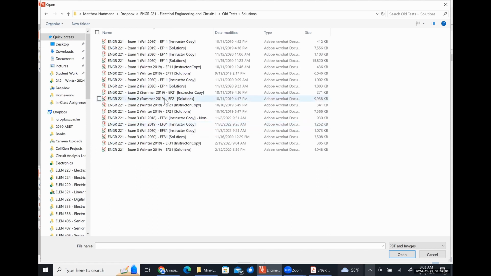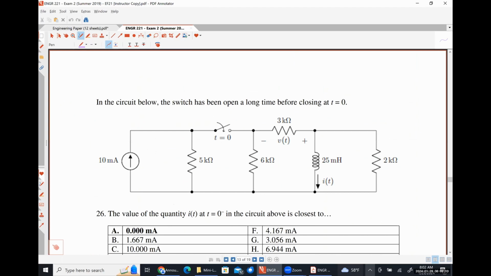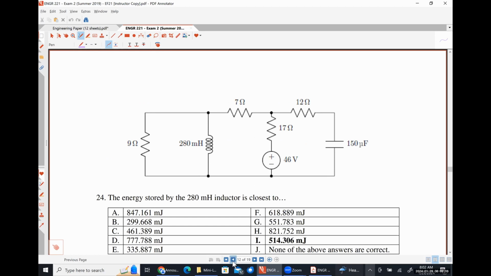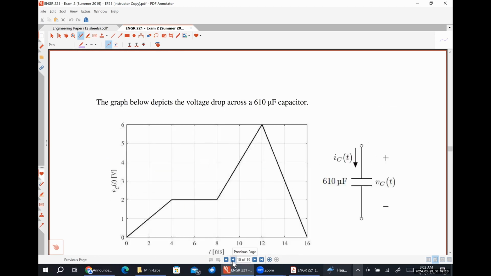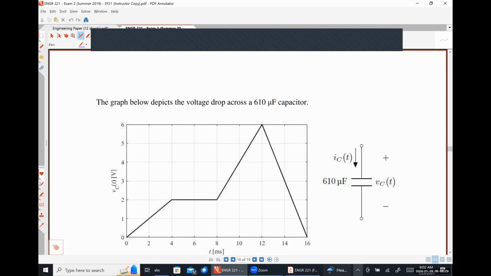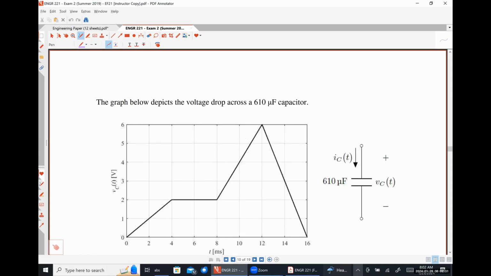Summer 2019. Number 25, you say. All right, probably would help if I actually connected the monitor so that you guys could see it and not just me. Oh, there we go. Thinking about it, or it was.